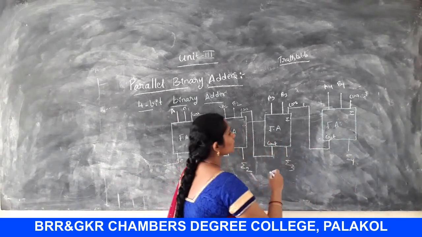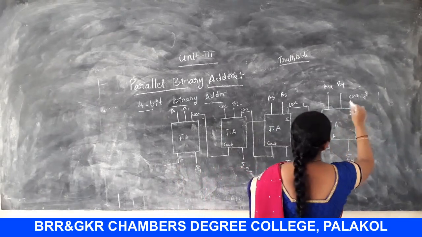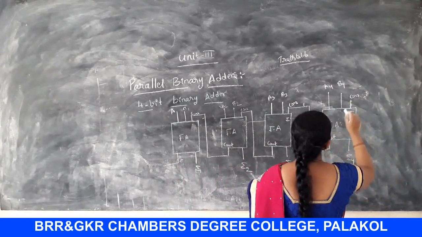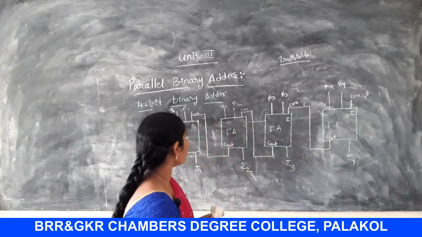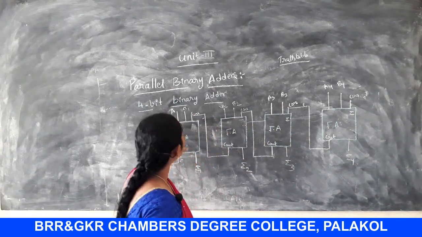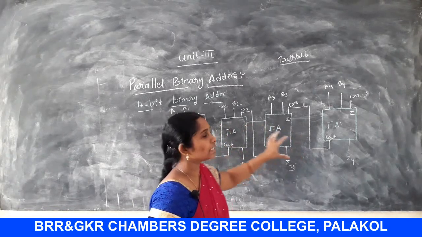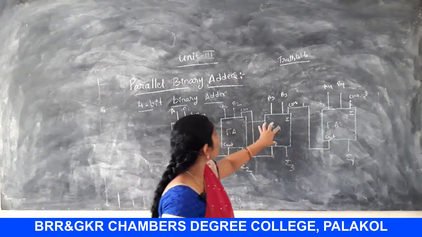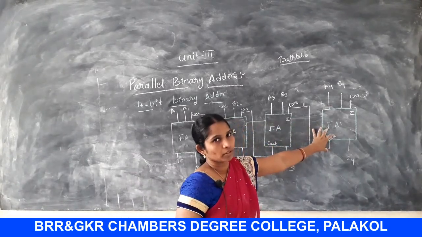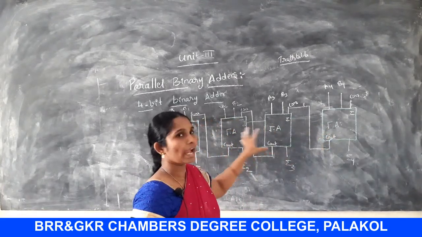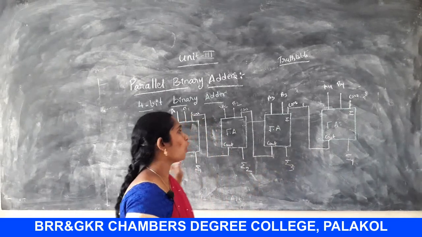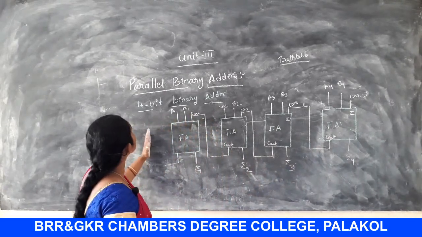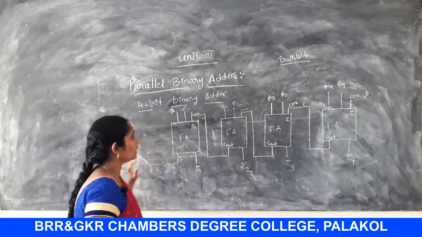For example, if another one is there, this Cin3 is connected to another full adder. So likewise, a 4-bit parallel adder is nothing but 4 full adders connected for 4-bit operation. Here this is the parallel binary adder.